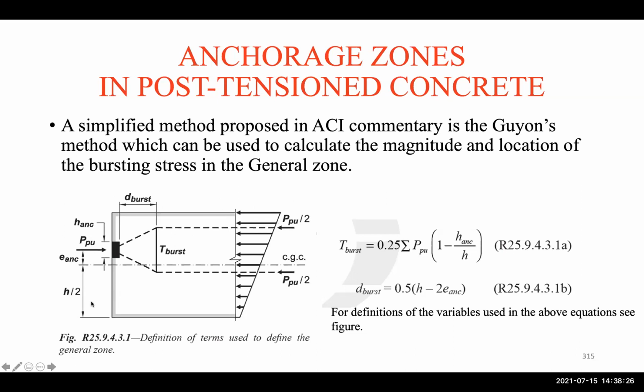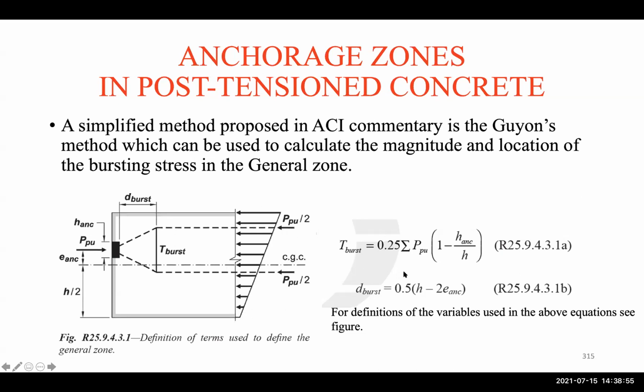And then H is the total depth of the member, and H/2 is from the center of gravity to the edges of the member. So we can determine the tension force. Remember, here at the beginning we have compression, then here we have a high tension force. So that's the T burst that we can calculate from this given information.